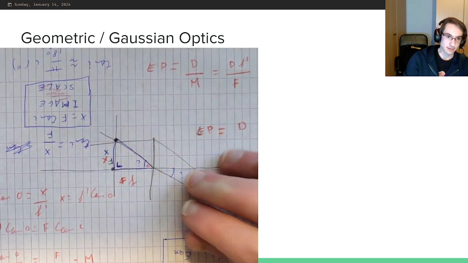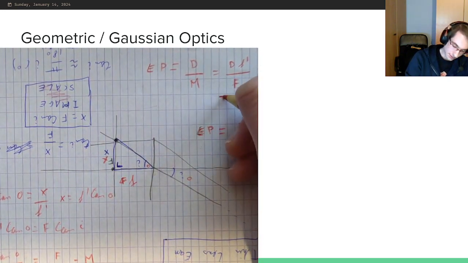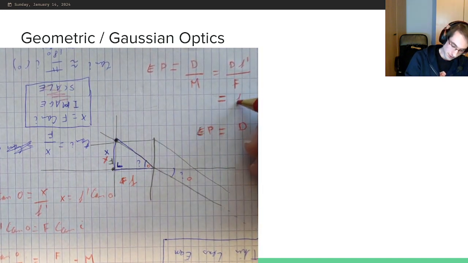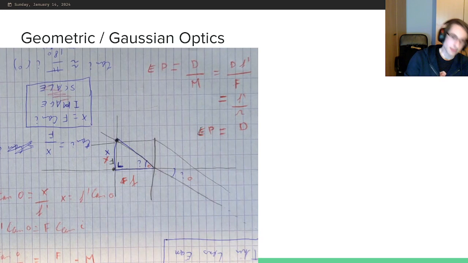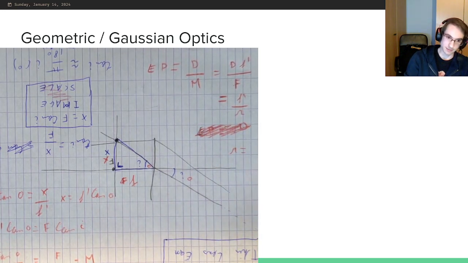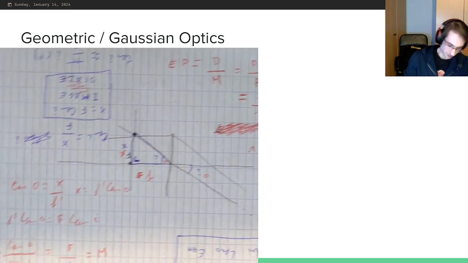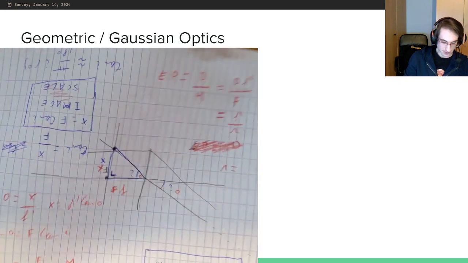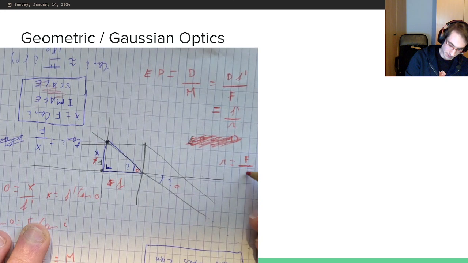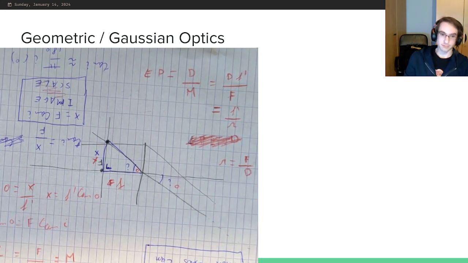There we go. And then we can simplify that into a very useful quantity, which is the focal ratio, which I've written as R. I'm making a little bit of a mess, I apologize. I should have probably planned this out a bit better. So the focal ratio is the focal length divided by the diameter of the telescope.